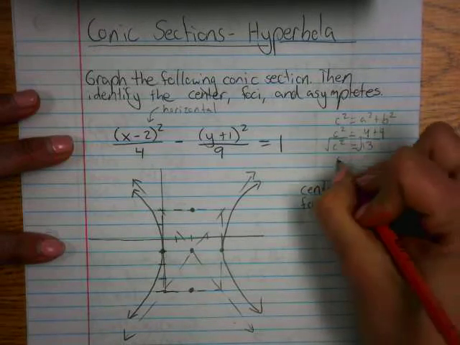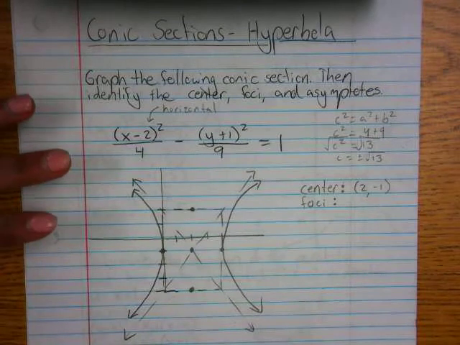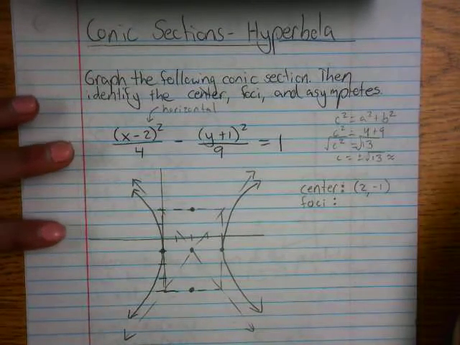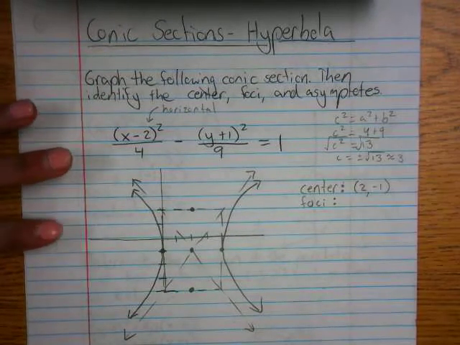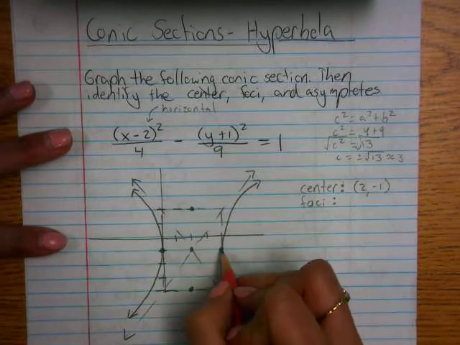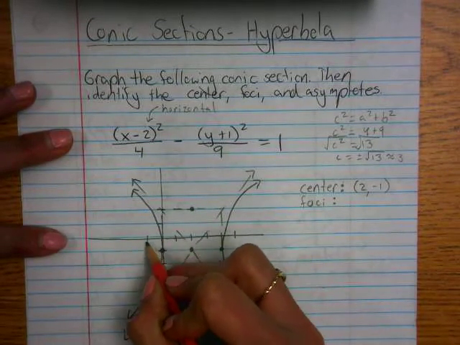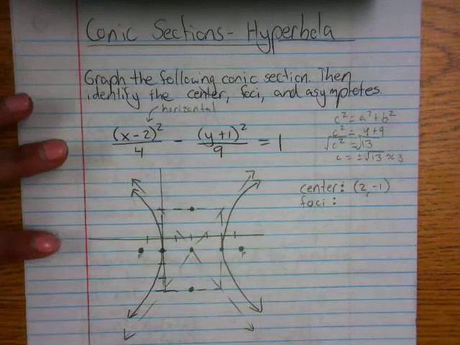So c is going to be equal to plus or minus root 13, which if I want to draw on the picture, the square root of 13 is between 3 and 4, so 3 point something. So I'm going to go 1, 2, 3 and a bit, 1, 2, 3 and a bit, so that I can sketch those foci right there.